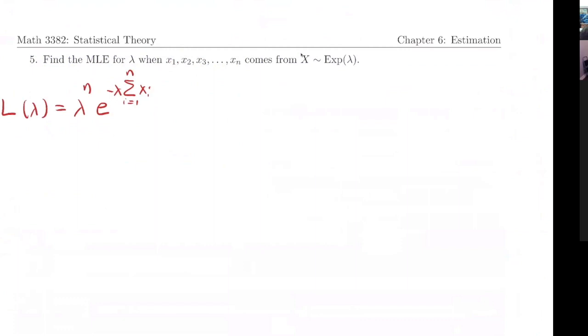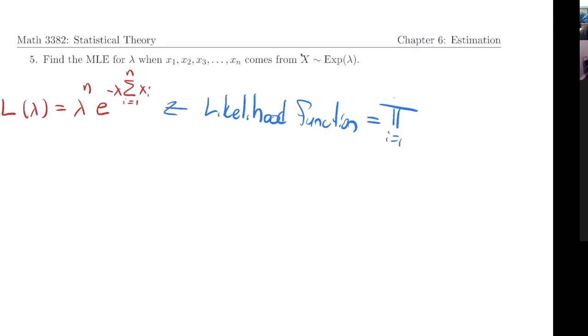We've got our likelihood function over here that we found, which again, we got by taking the product of the PDFs.